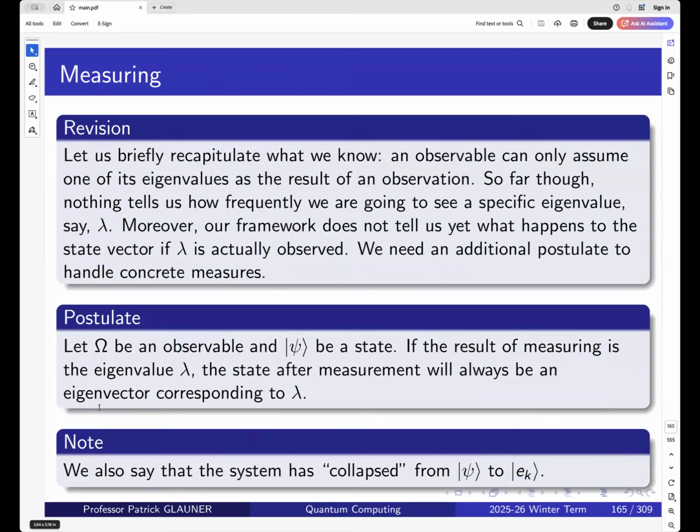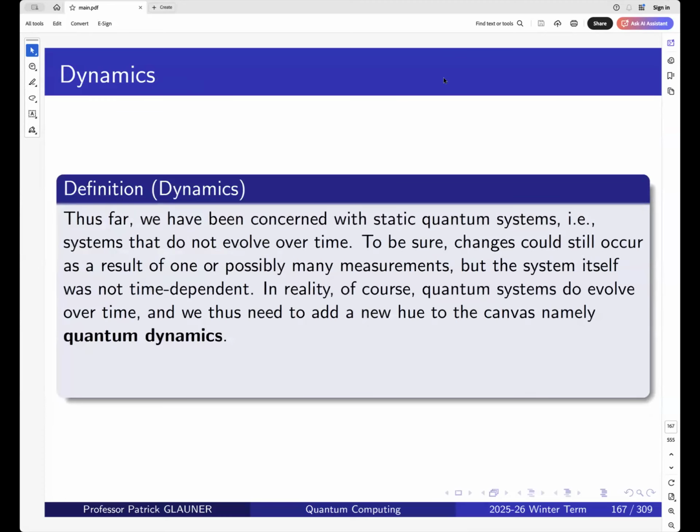But as of next week, we don't need all of that in such detail because we just deal with zeros and ones, and then we don't have that many eigenvectors. In fact, we can just collapse to the one basis vector or the other basis vector. That's why I'm skipping the details of observables and measurements. However, if you care about this or want some extra insights, feel free to look into the book, which covers this in greater detail.